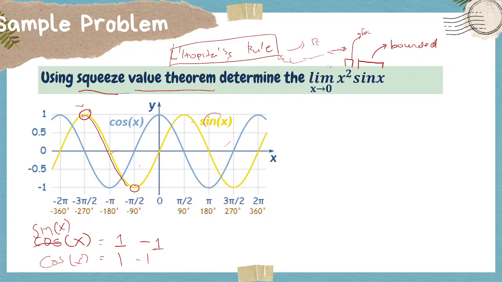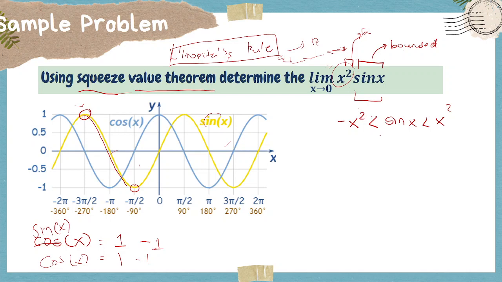So basically, if I write the inequality of this one, the trigonometric function is the one that is always bounded by the function. So if I say bounded, dapat nandito si x squared, tapos si sin x nasa gitna, then si x squared nandito pa. Pero negative x squared to.